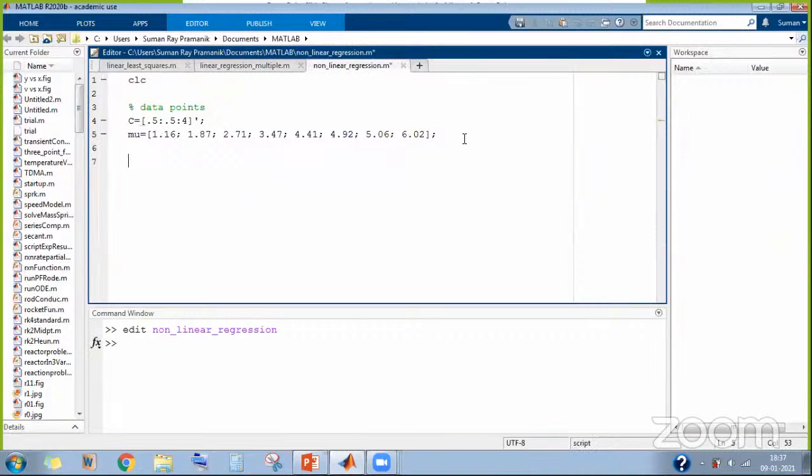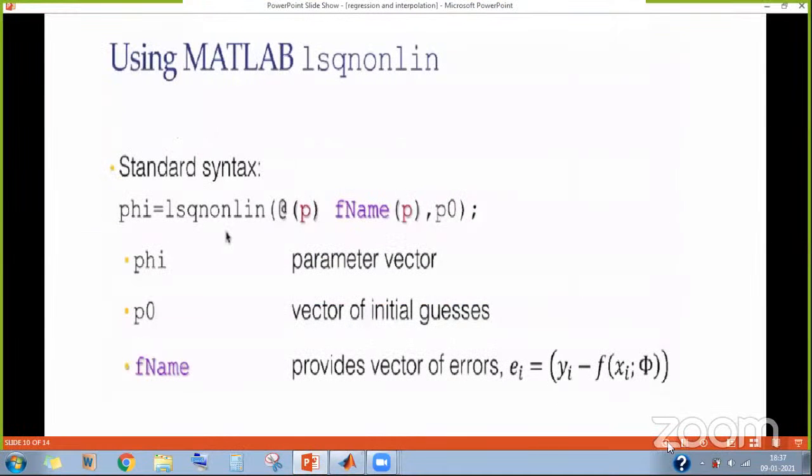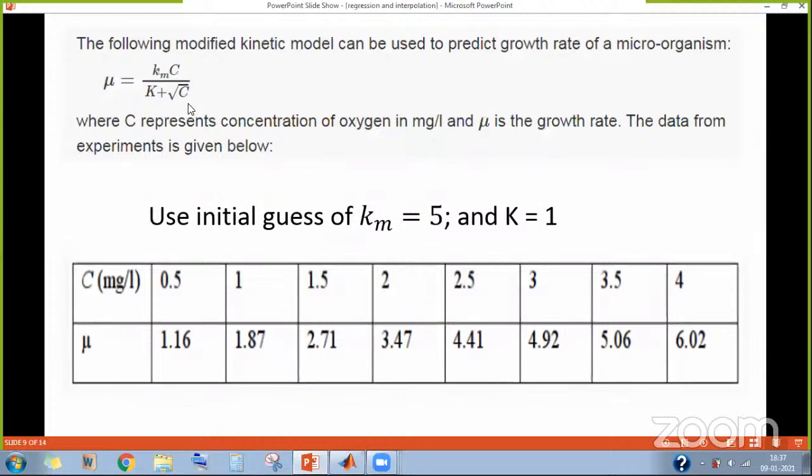So once again, I have created the data points from before. Let's go back once. So this is the capital C concentration matrix. Now in the equation that we have, we will also require root of C. Okay. So let's do that.